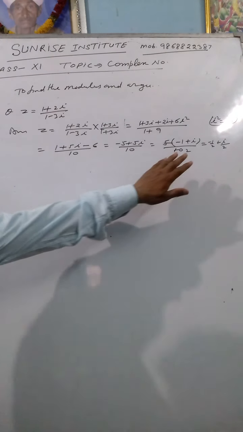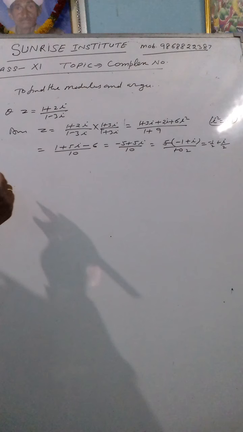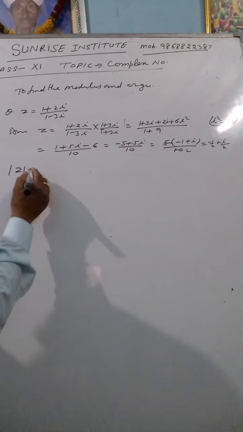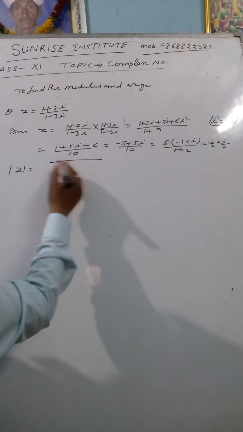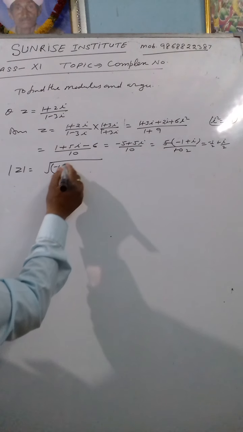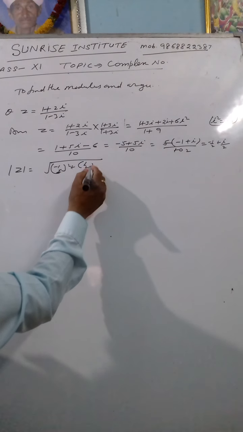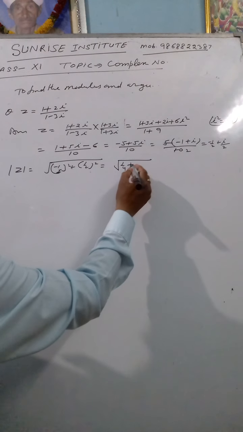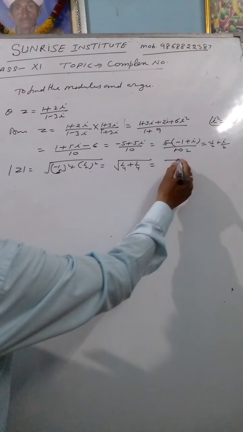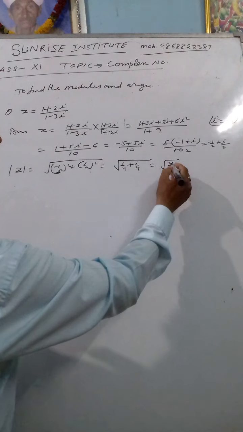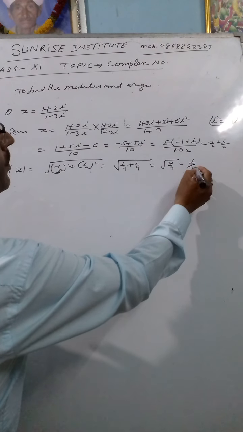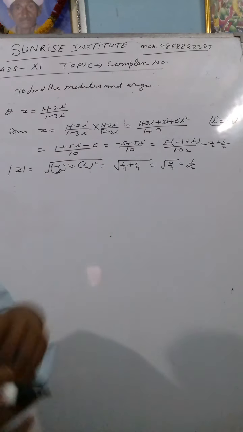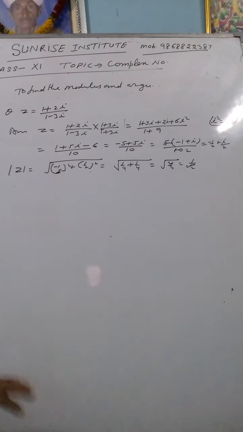Then modulus of z equal to root of minus 1 by 2 square plus 1 by 2 square, equal to 1 by 4 plus 1 by 4, that is 2 by 4, 1 by 2. That is your answer. This is the modulus of z.